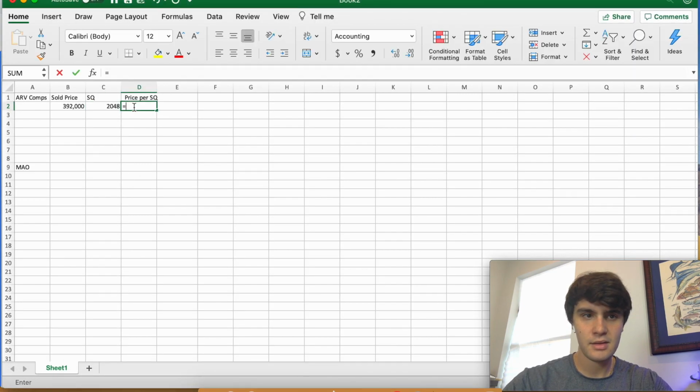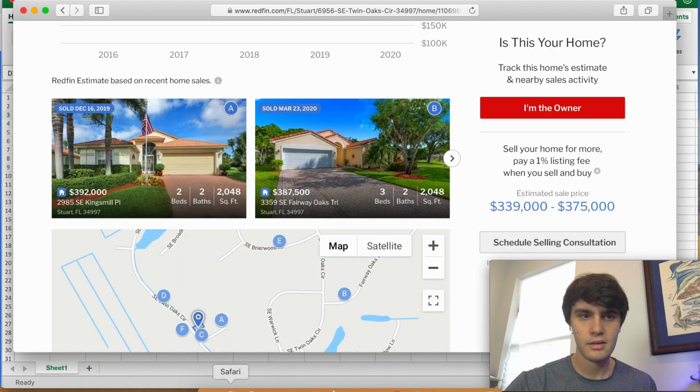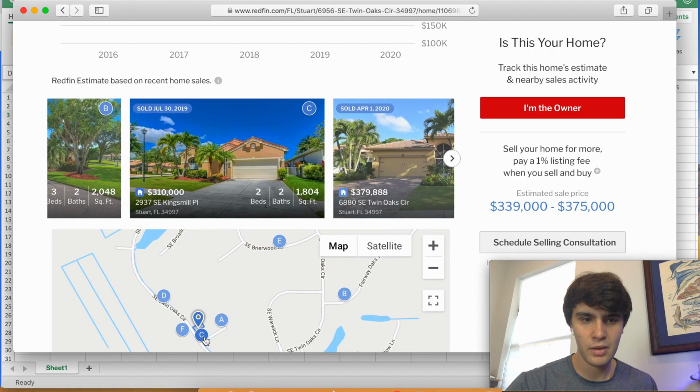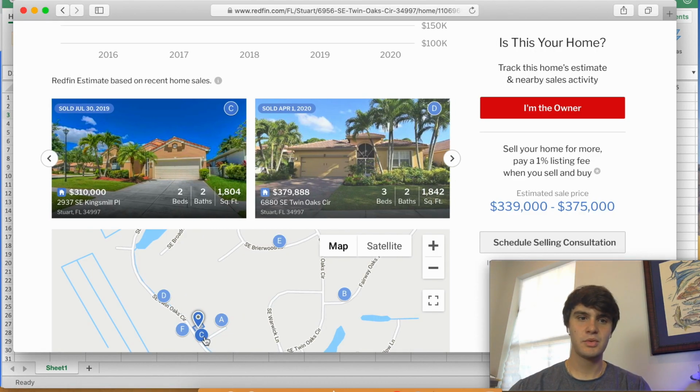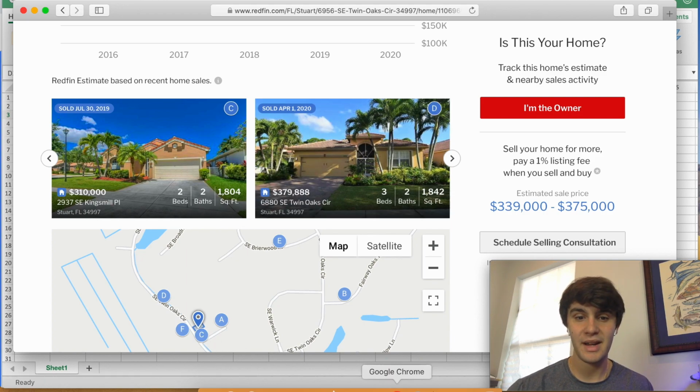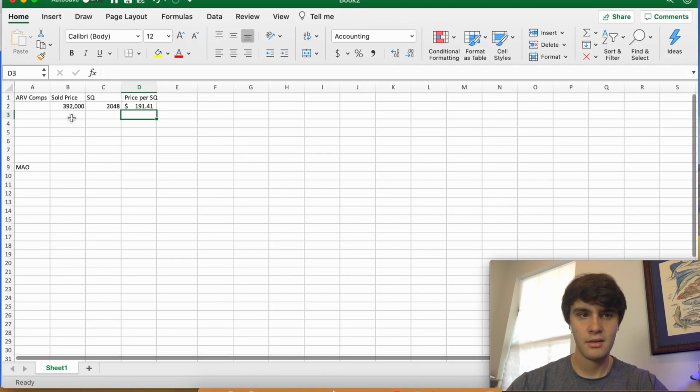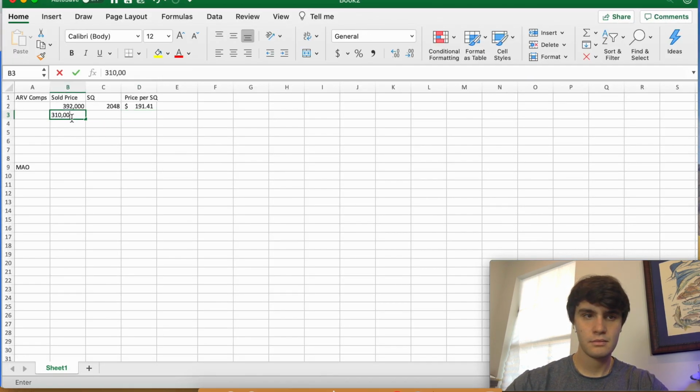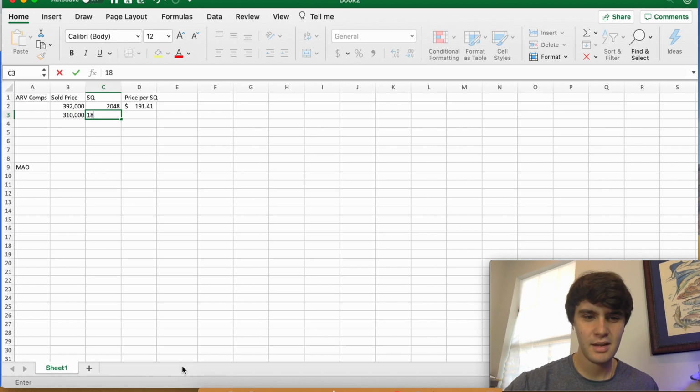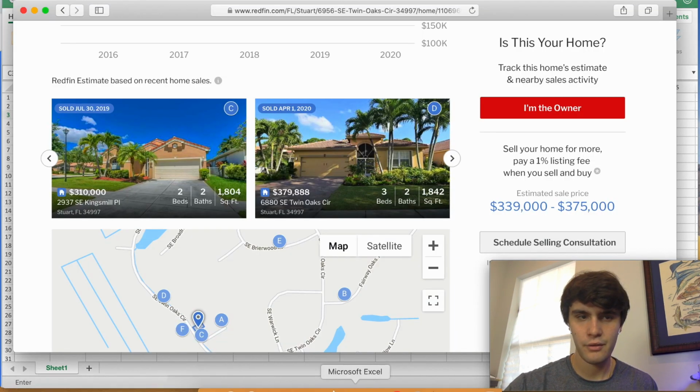I'm going to calculate this right here. Alrighty, so the second one, which is very similar, which was a 2-2, sold for 310, 1,804 square feet. Okay, the age was pretty good on that, so 310, 1,804.